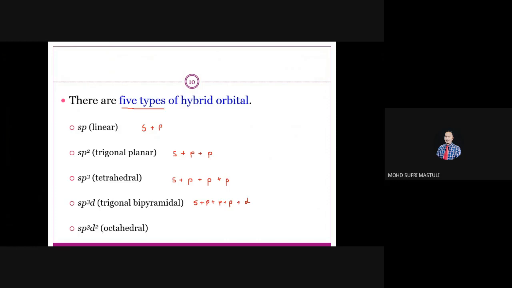Okay, the last type of hybrid orbital, we call it sp3d2. That is s, 3p, we mix 3p and 2d.